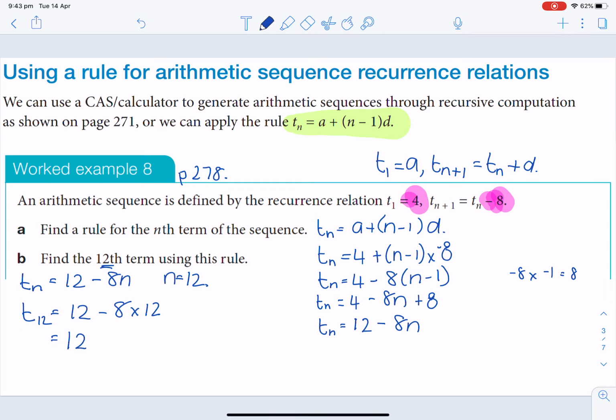And 8 times 12, little side note, is 96. 12 minus 96, keep putting T of 12 down the side, equals negative 84. So my 12th term in the sequence would be negative 84 if I continued down by 8 each step.